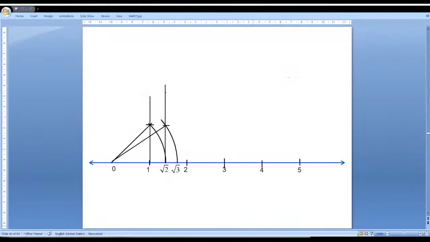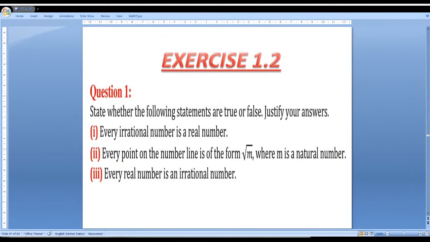Now let us see in your textbook, if you have a textbook, exercise 1.2, question number 1: state whether the following statements are true or false.